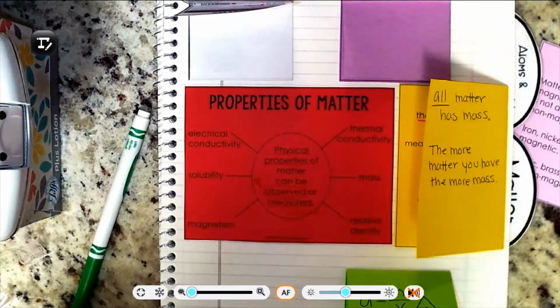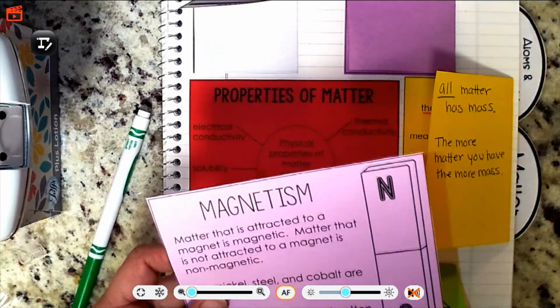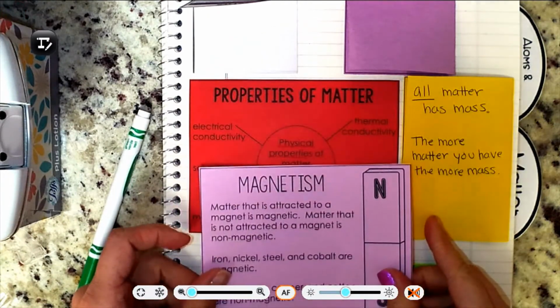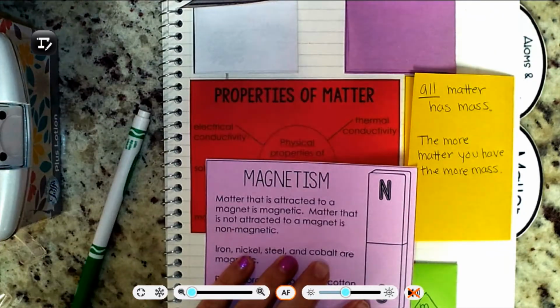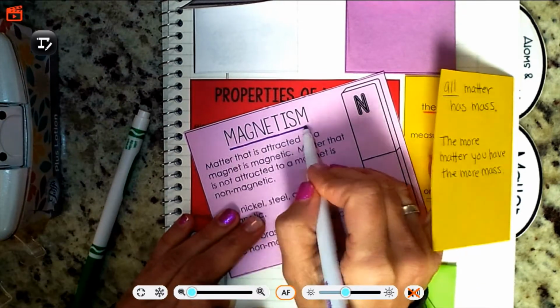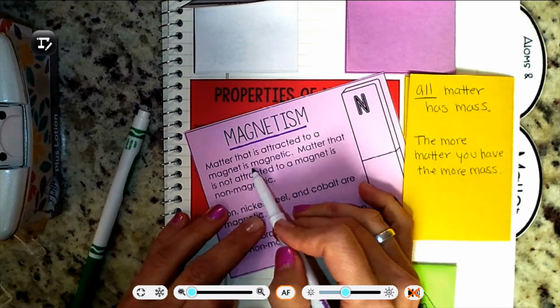Okay, the last one we're going to work on is magnetism, and then we just have a little bit to write on our red guy. So magnetism is basically what it says on here. We're not going to have to write pretty much anything else, just underlining. Matter that is attracted to a magnet is magnetic.